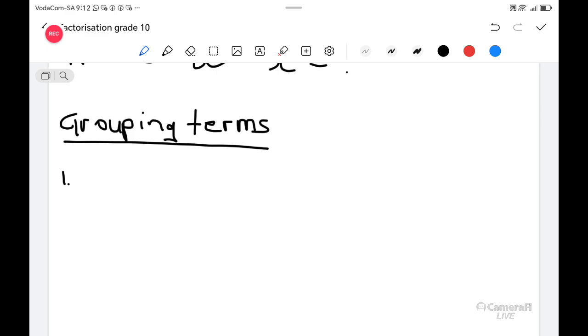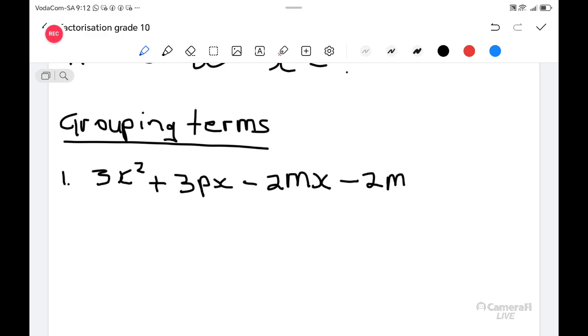Grouping terms, number 1, as an example, we have 3x squared plus 3px minus 2mx minus 2mp. So when we check this one, we're saying this is a grouping of terms.